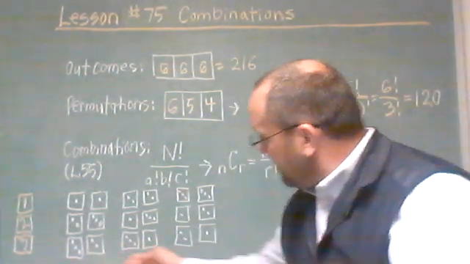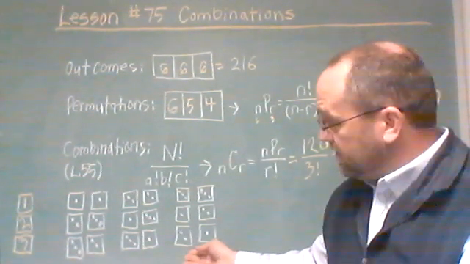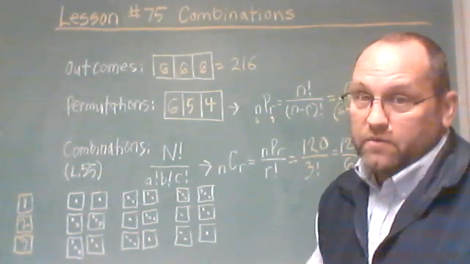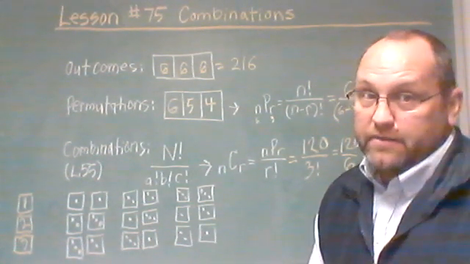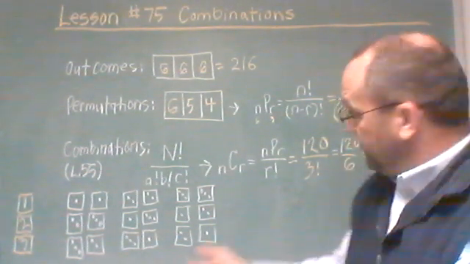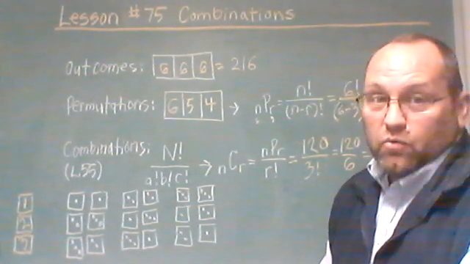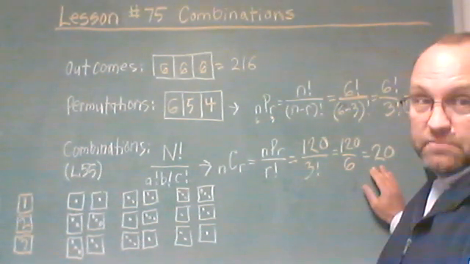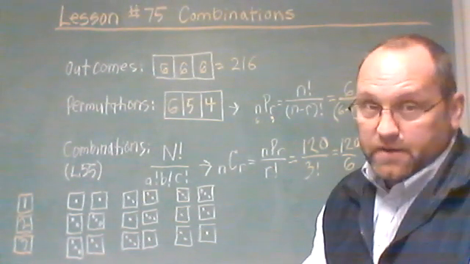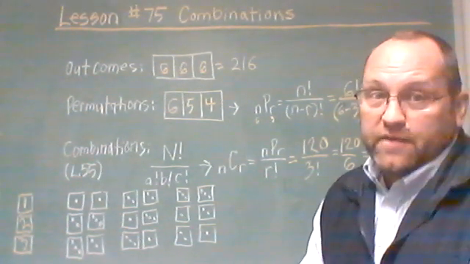Okay, I noticed here I had 6 permutations, but only 1 combination, because I can't distinguish any one of these rolls from another one when all 3 dice are on the table and all the dice are exactly the same. Okay, so when I do that, I see my actual possible combinations is only 20. 20 combinations possible, and that means where all 3 dice are different numbers, okay? And it doesn't matter the order that they're rolled in.